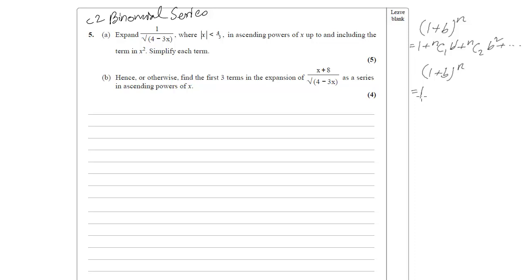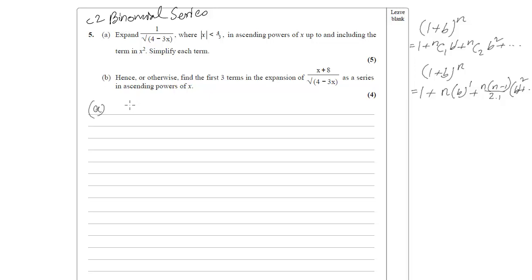It's either negative or it's a fraction. In that case, instead of nC1 you have to write n, and b to the power 1. Instead of nC2 you have to write n into n minus 1 over 2 into 1, and then you write b to the power 2. So plus dot dot dot, that means that's an approximation, it's not the full expansion. So this is an important concept.